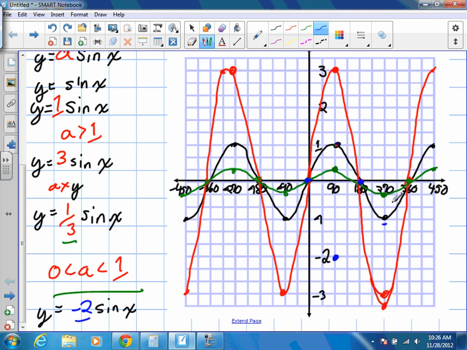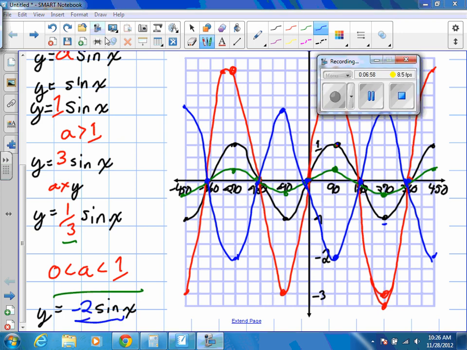Our new values are going the opposite direction of our original one in black. You can continue that pattern. It makes a pretty neat picture. And our blue one would be the last one here.